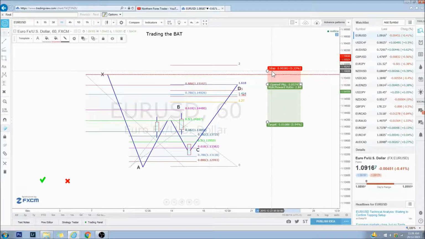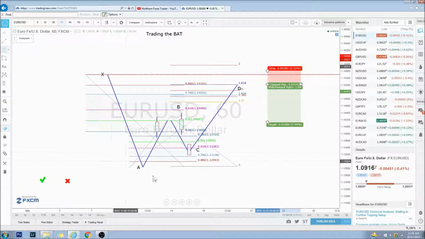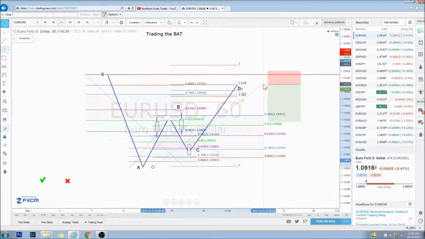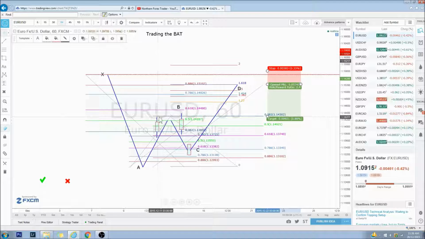Depending on your risk appetite and how much you're willing to risk, you may want to put more. Some people put 15, some people put 20. I just put 10 and take it from there. And I put my targets at the 382 first target, which you can see is hitting the structure of that wick if I were to take it, which is really good.